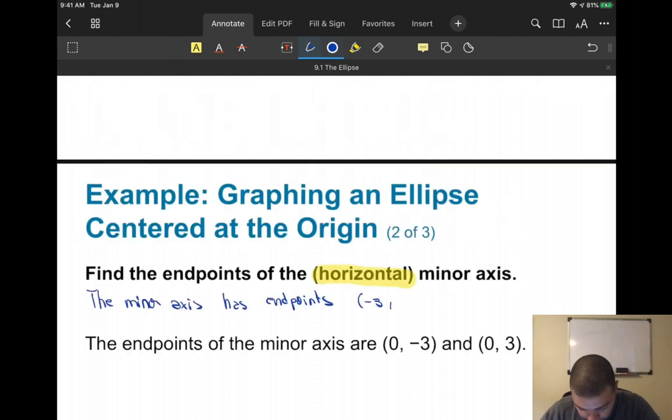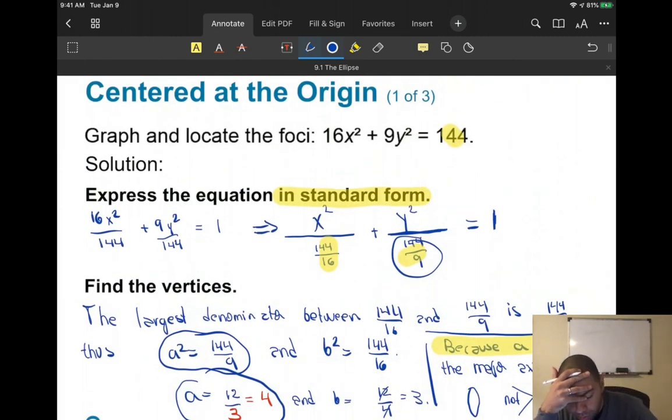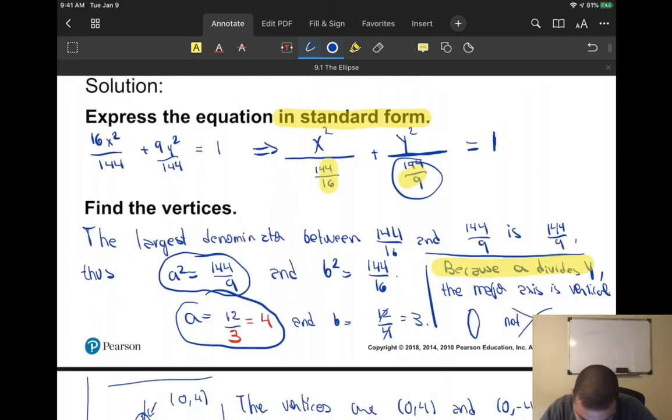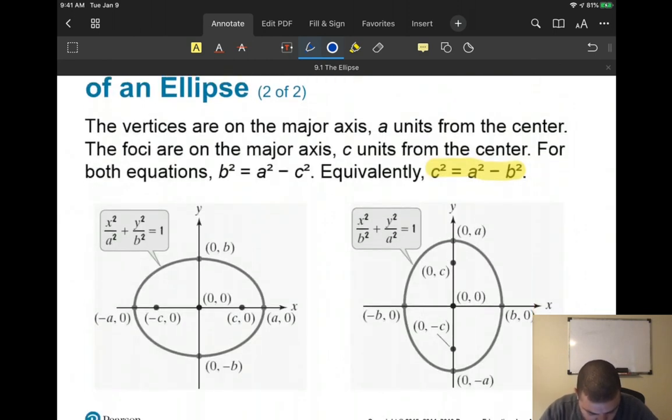Watch. Let me check that if you give me a second. So this guy is the biggest one. The major axis is vertical. Yeah, right. You see that when A is underneath X?